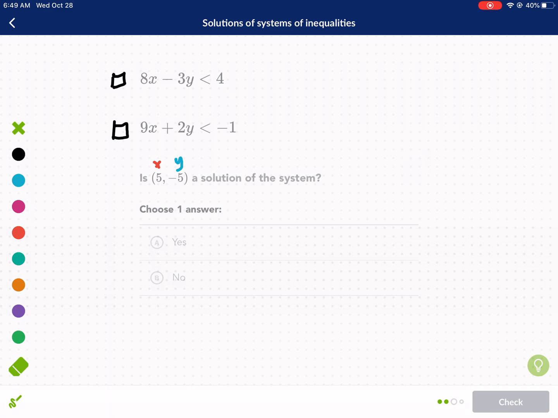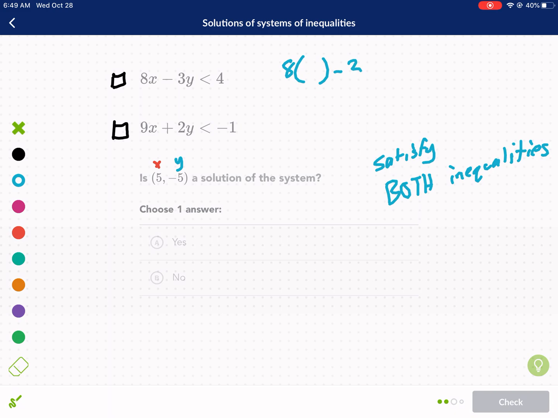So it has to satisfy both inequalities to be a solution. Okay, so we have 5, -5. What we're going to do is input both of those. So we're going to have 8x - 3y < 4. What I'm doing is replacing x and y.